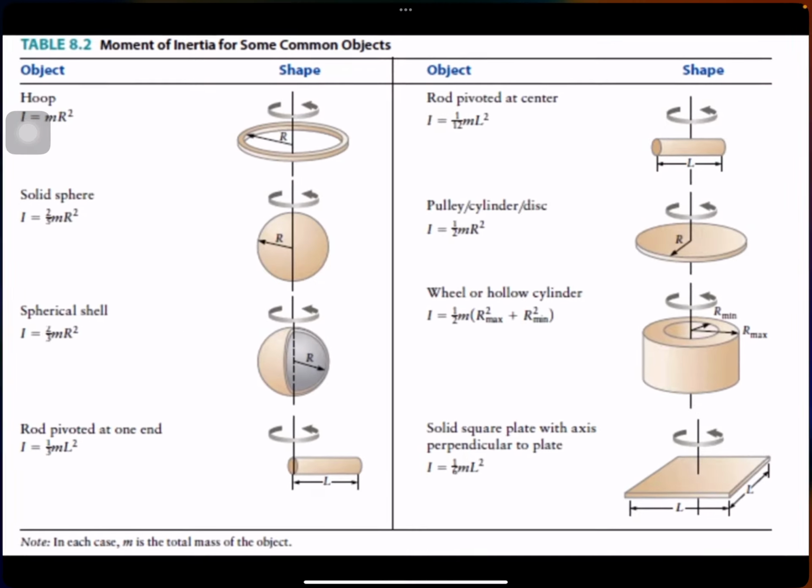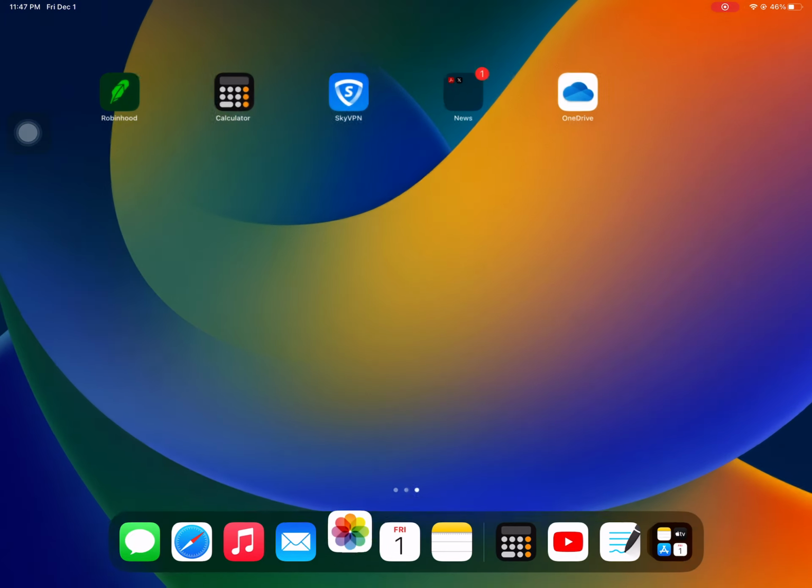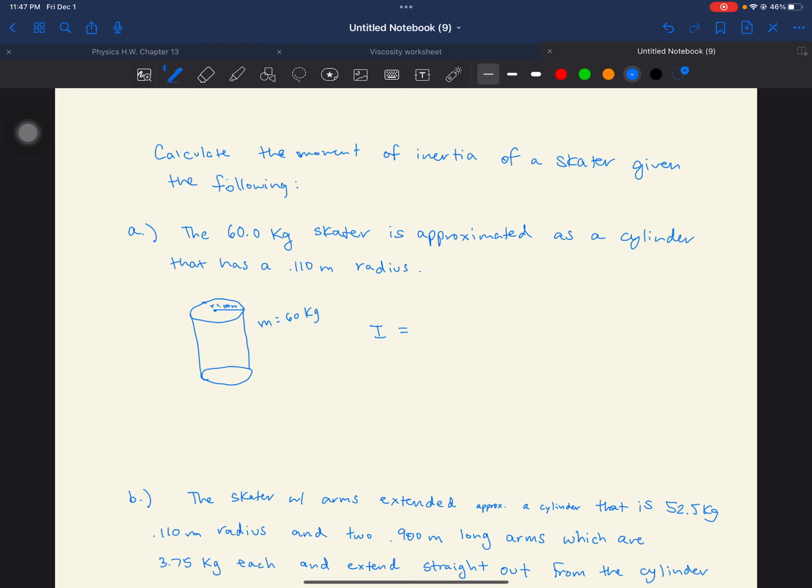If we go to that table, it says for a cylinder, the moment of inertia is 1/2 m r squared. So we would get 1/2 of 60 times the radius, 0.110, squared.